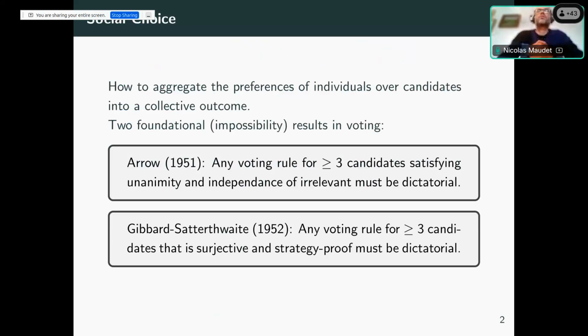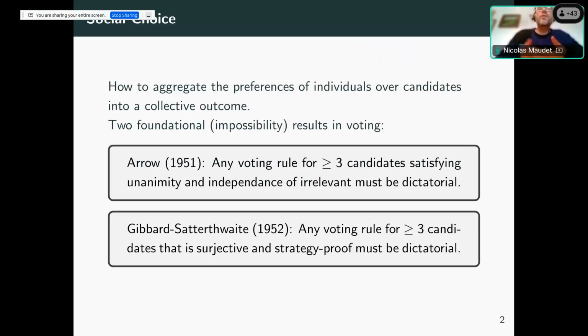So, two very famous results from the 50s. The first one is Arrow's impossibility theorem. What does it mean, impossibility theorem? It means that if you want your voting rule, which will try to pick a single winner when different people express preferences over different candidates, you know many of them, we use them for politics to start with, and in different contexts, of course, you would like your rule to satisfy different properties.